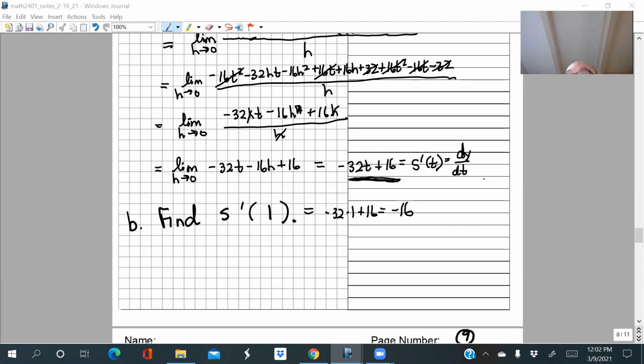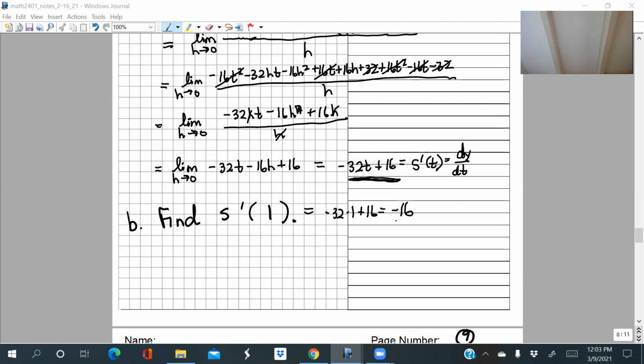Well, what's your clue there that the diver is going down? The negative, right? So we know already that the diver's height is decreasing because this quantity is negative. So we know already after 1 second, the diver has reached the maximum height and is already coming down again.